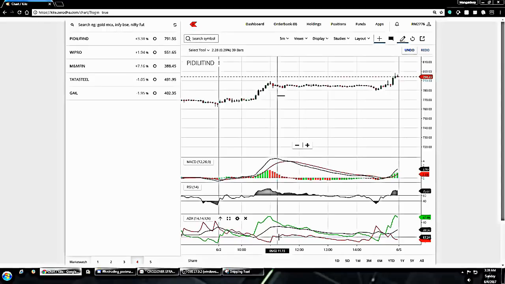Okay, so the next point is there are some values that need to be kept in mind. If the ADX value is 0 to 25, then the strength is weak or it has no trend at all. If the ADX value is between 25 to 50, it's considered to be having a strong trend.